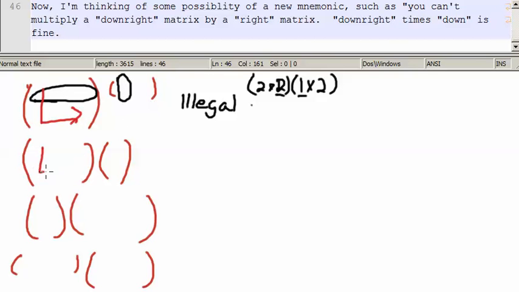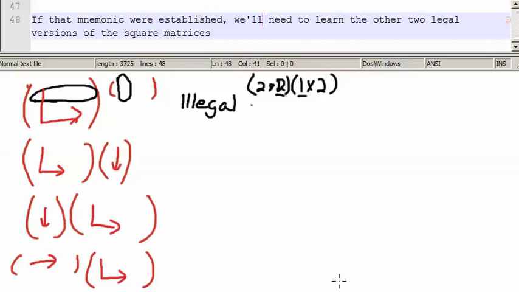Down right times down is fine, and right times down right is fine, but you can't do down times down right.